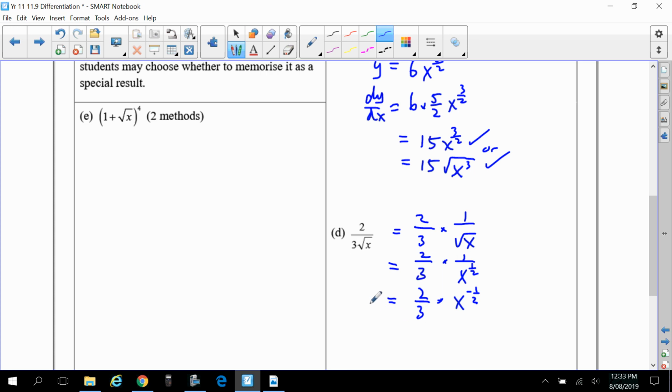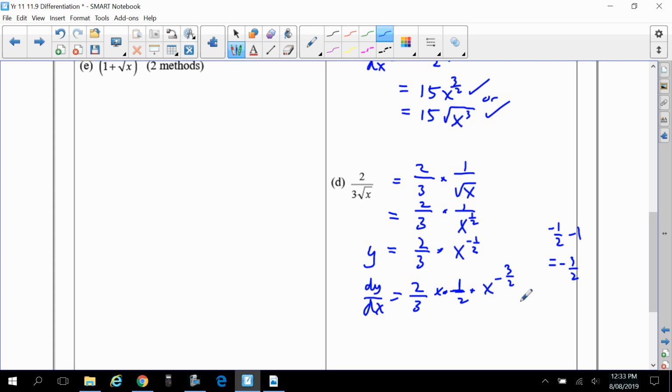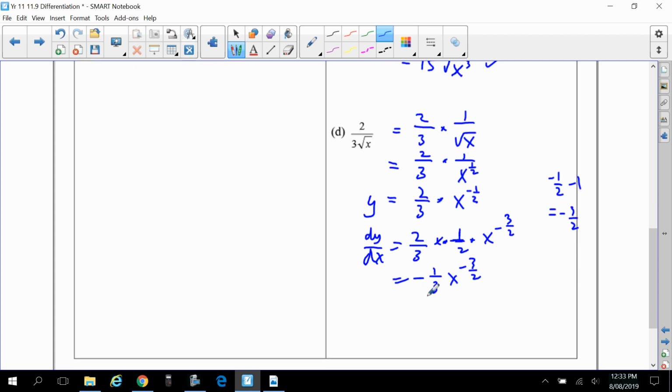Okay, so you do dy on dx is 2/3 times negative half, and be very careful when you subtract 1 from negative half, that will be negative 3/2. If you can do it in your head, that's negative 3/2. Or you can use a calculator. So the 2 get cancelled, you get negative 1/3, x to the power negative 3/2, which, again, bring it down.